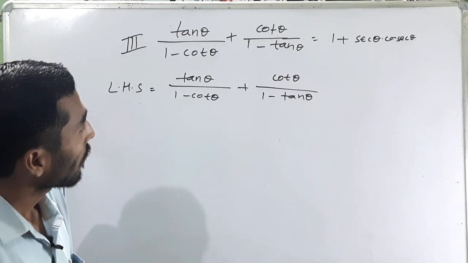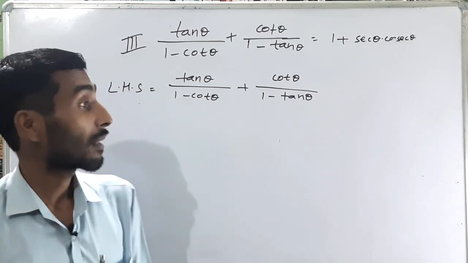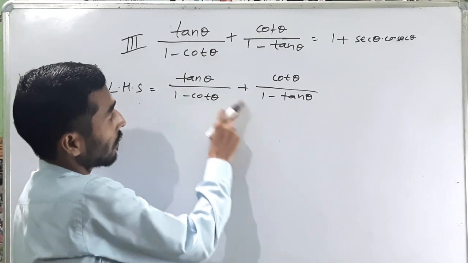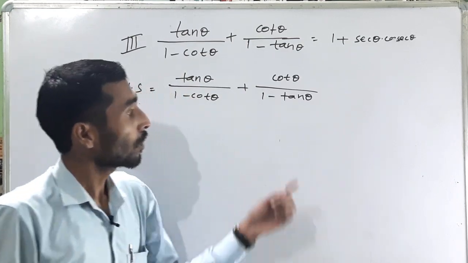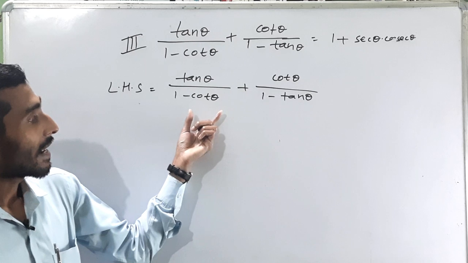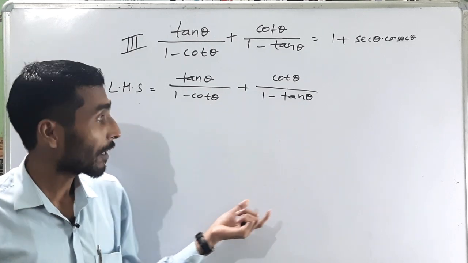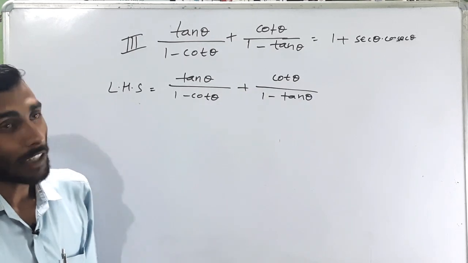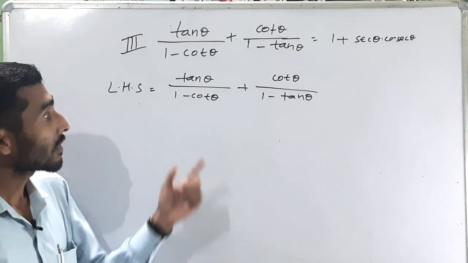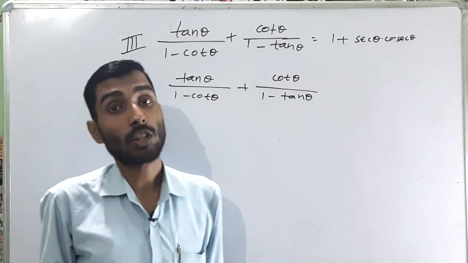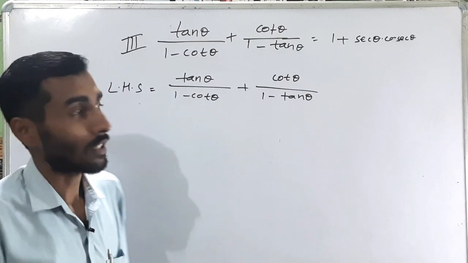Apart from that, of course, just like the previous question, we could do the addition of fractions. But I think that at first we should change these trigonometric ratios tan and cot into the form of sin and cos, right?